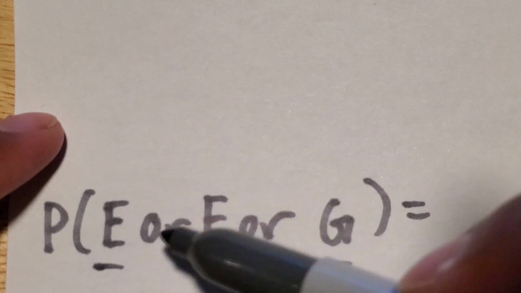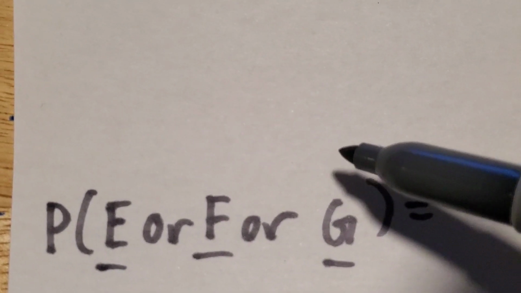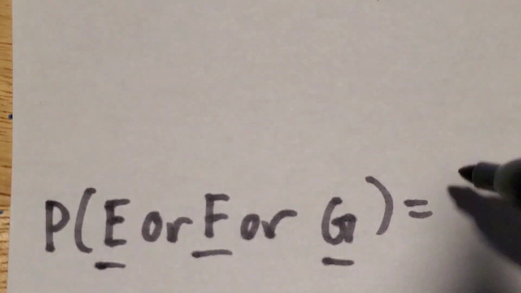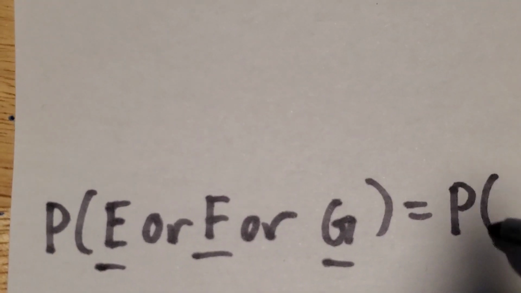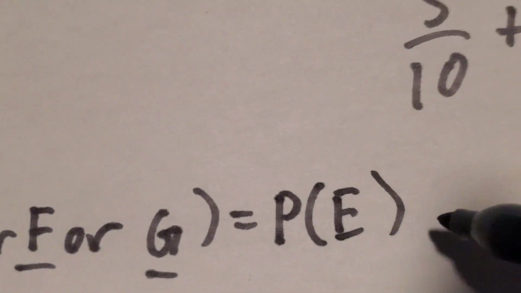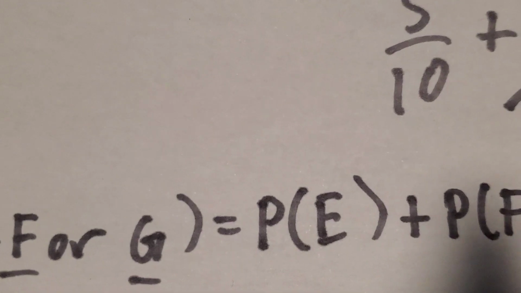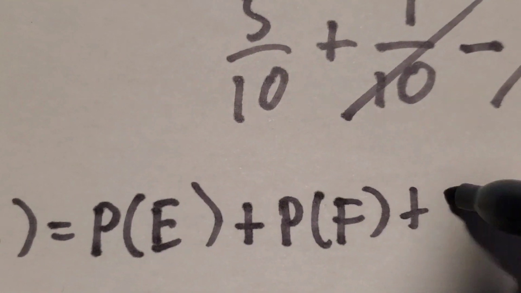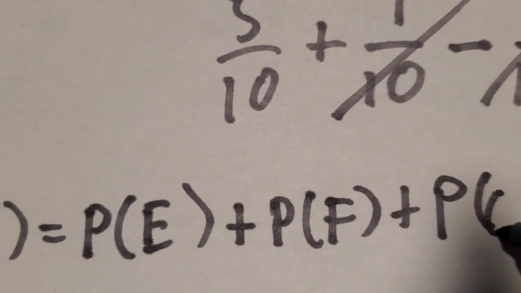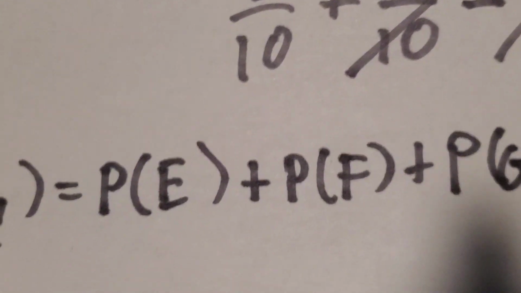Since none of these cards can be the same card at the exact same time, then they're disjoint, meaning all I have to do is find the probability of event E, which is drawing a king, plus the probability of event F, which is drawing a queen, plus the probability of event G, which is drawing a jack.